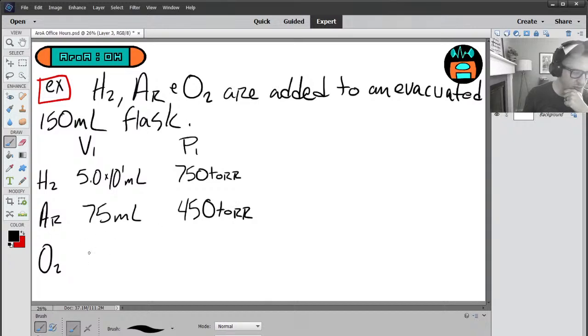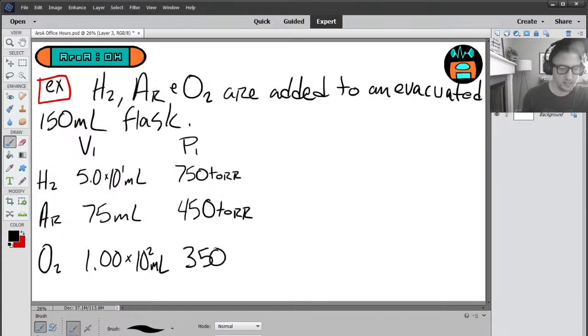And then oxygen was stored in a 100 milliliter flask under a pressure of 350 torr.